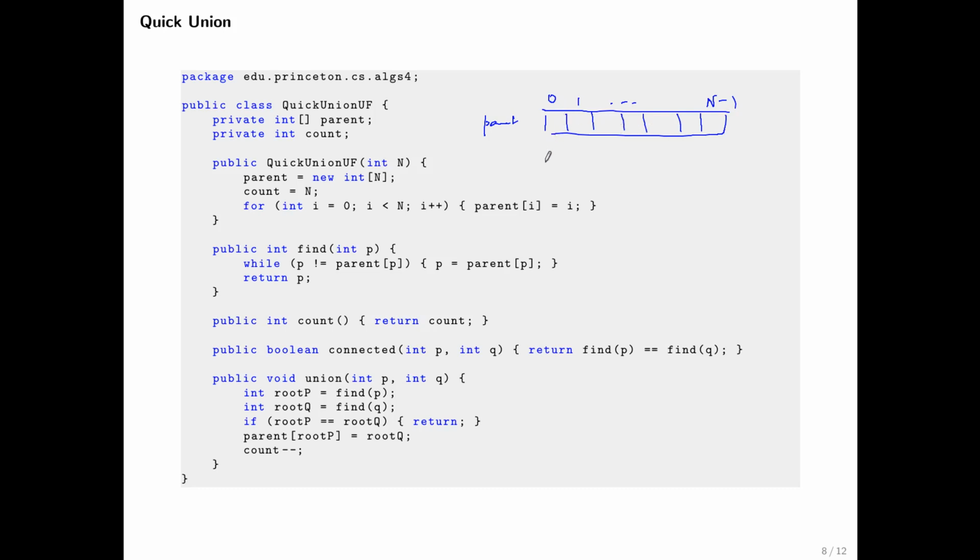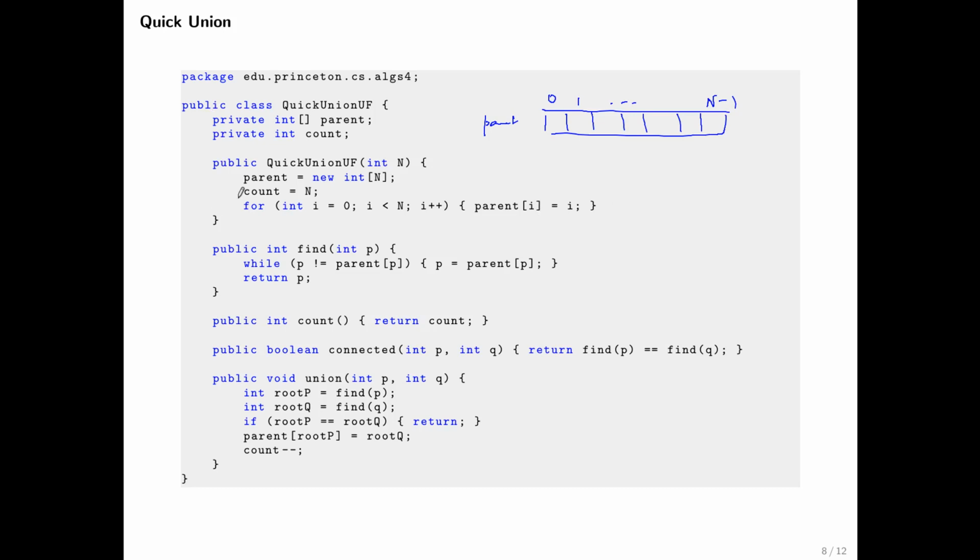So you can think of each component here as being a tree, and what we store as values here is simply the ID of the parent of a particular site in that tree, and we'll see how this works. Okay, so those are the instance variables.